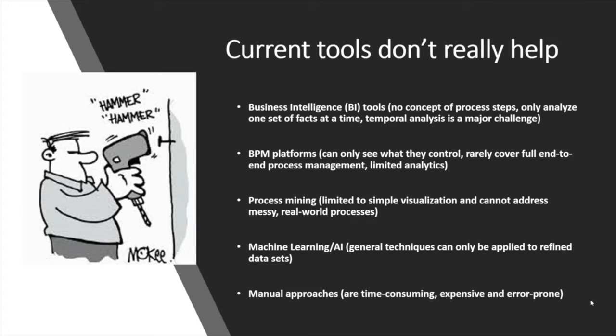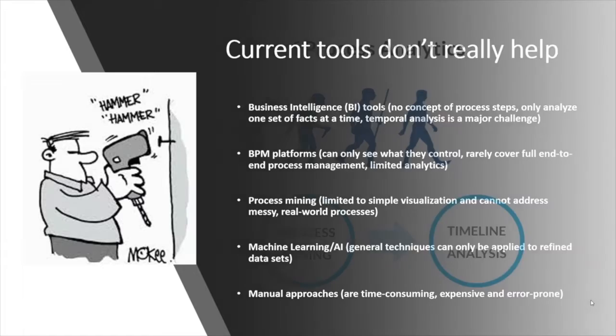While process mining is a bit further, it's limited to simple visualization and cannot address messy, real-world processes. While machine learning and AI are general techniques, they can only be applied to refined data sets. And then manual approaches: they're just far too time-consuming, expensive, and extremely error-prone. So your current tools really don't help.